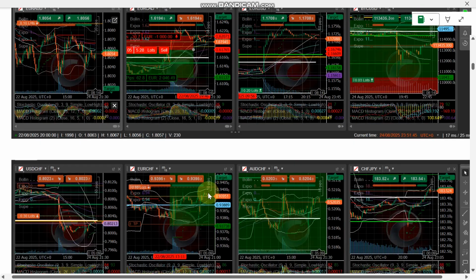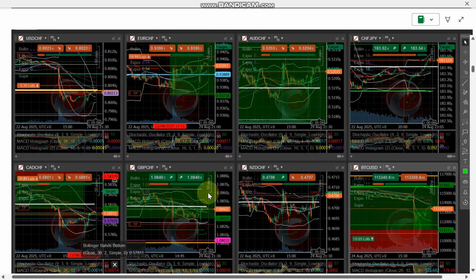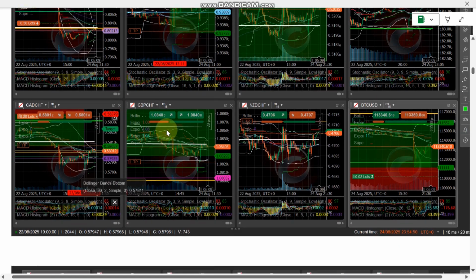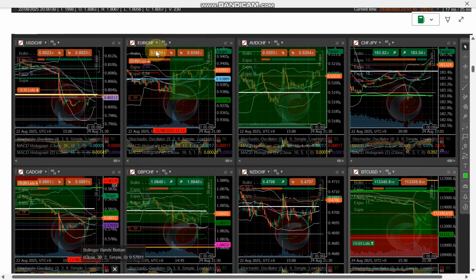So just to take a quick look, and I don't want to stay for a long time to explain everything, but this is for my homework to come back to later. Now I shift to check the US across the Swiss franc across the board on 15 minutes, and USD and CAD are looking the same.